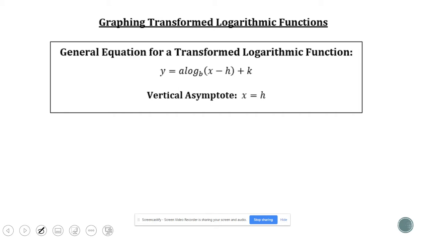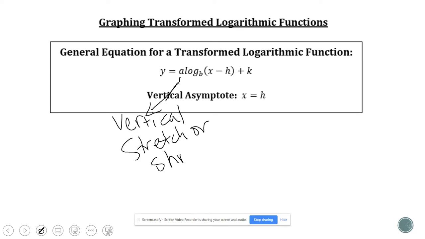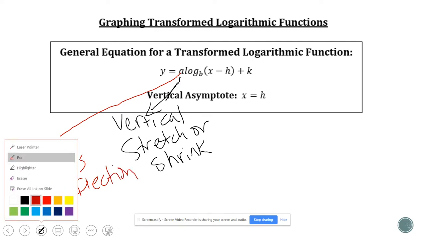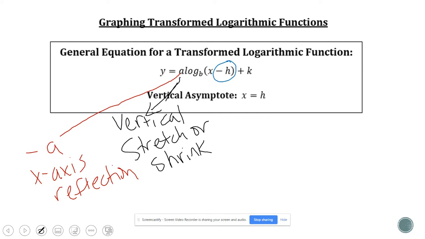Okay, this is the general equation of transformations. A is going to be your vertical stretch or shrink. If A is negative, that's an x-axis reflection. Inside the parentheses with x is your left or right.